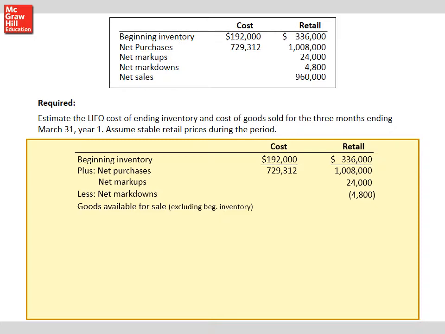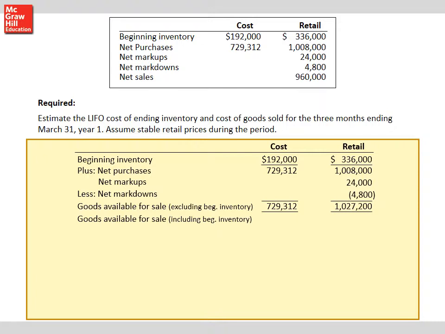not including beginning inventory. So really it's just the purchases for the year, total $729,312, and the retail value of only the items purchased during the year, or the first 3 months, $1,027,200.